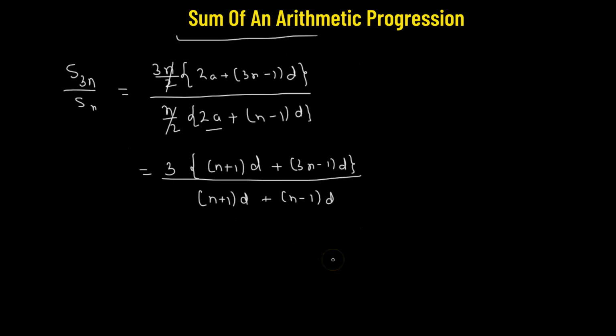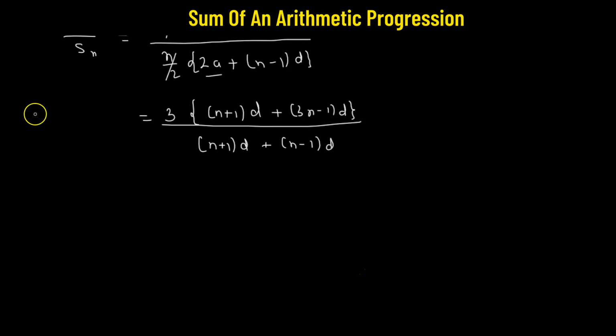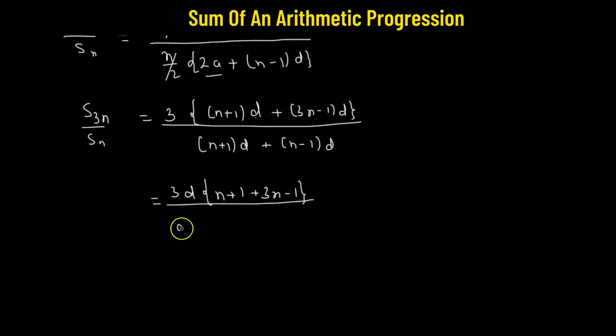Fine. Now this is the ratio S3n over Sn. This will be equal to 3 times, so we can take d as the common factor, so we have 3d multiplied by n plus 1 plus 3n minus 1, whole divided by, if we take d as the common factor, n plus 1 plus n minus 1.